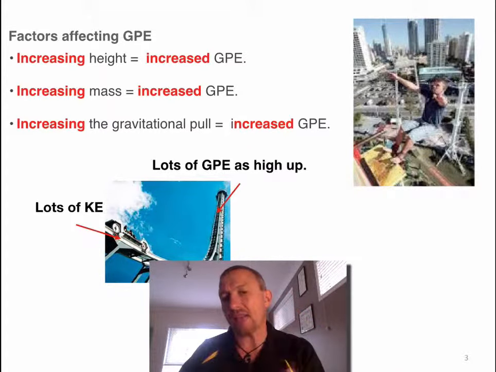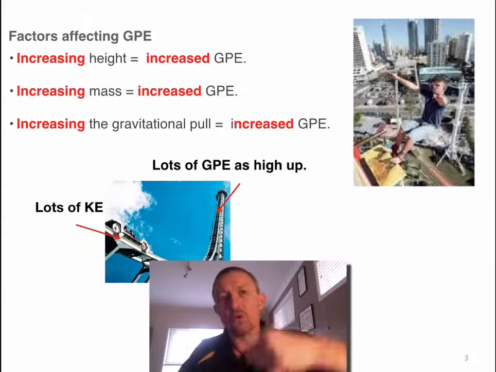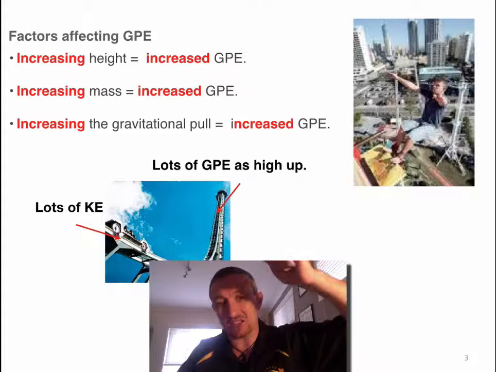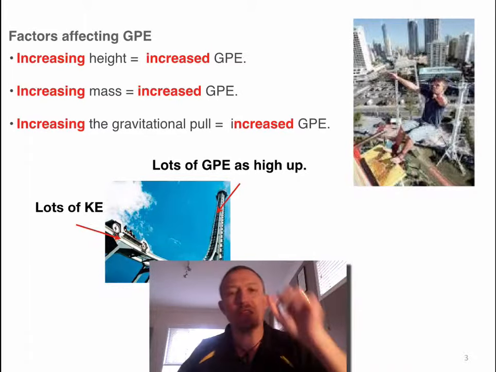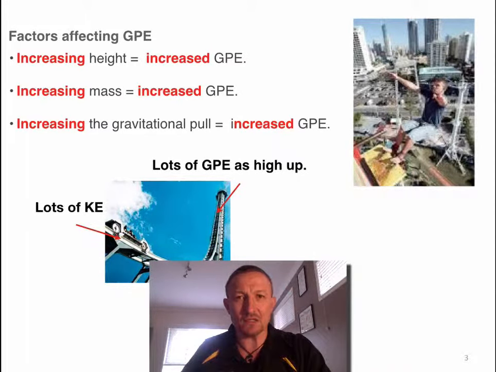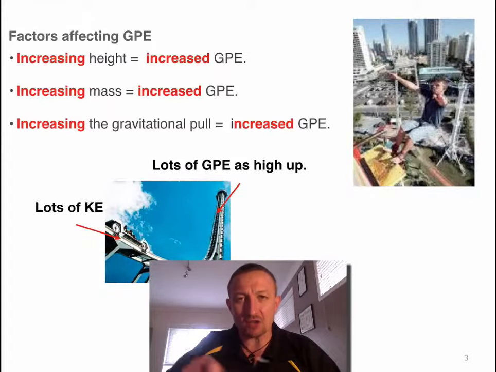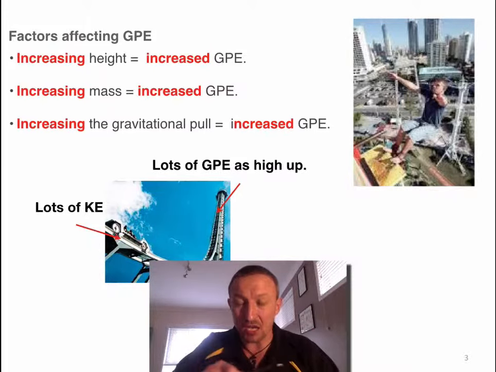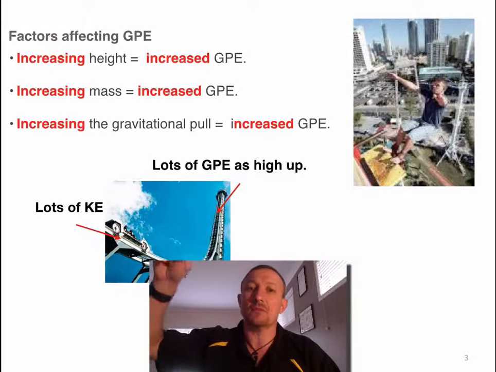The car has mass, and the mass doesn't change. The height will change, so the further up they go, the more gravitational potential energy they're going to get because of that h term. The gravity will be the same. So gravity is the same, the mass is the same, but the height is changing as it goes up the slope, which means that the gravitational potential energy is increasing as it goes up the slope.